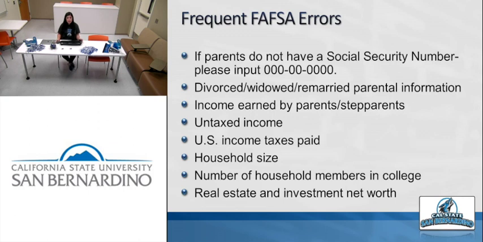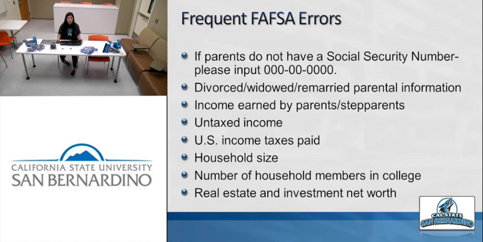Frequent FAFSA errors. These are errors that we see a lot when we receive FAFSA applications. One of them is if parents do not have a social security number, you want to make sure you put all zeros. Some students will put the parent's ITIN number or a different number, but all zeros is what you need to submit the application.